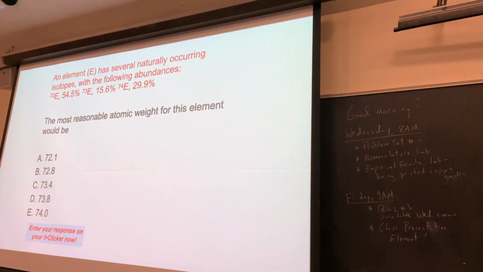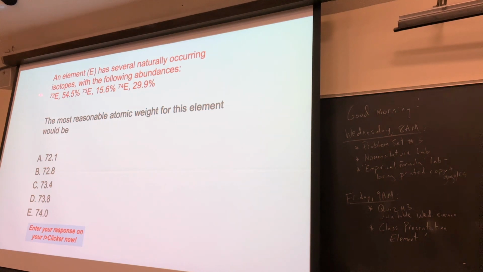Here's an element E. Again, who knows for sure what it is, doesn't really matter. But anyway, we have some abundances, all right? There's 3 abundances for the 3 different isotopes. There's a couple different ways you can answer this, but using this information, make a prediction which of these is the most likely atomic weight, the most likely average mass, all right?